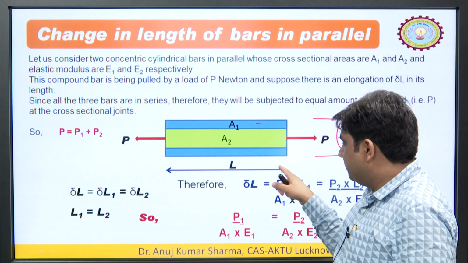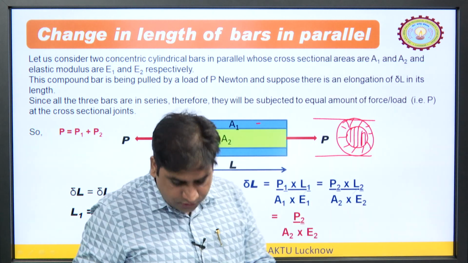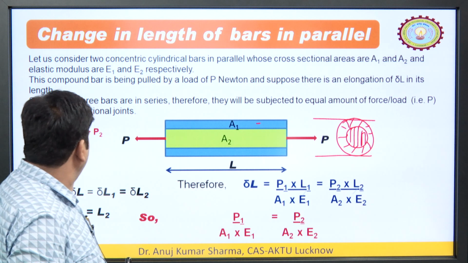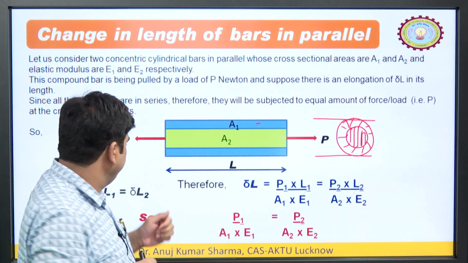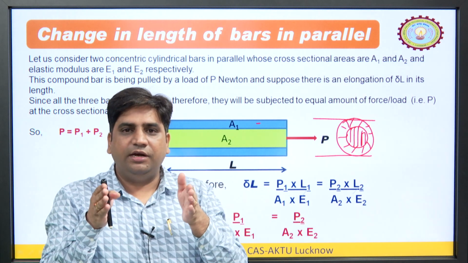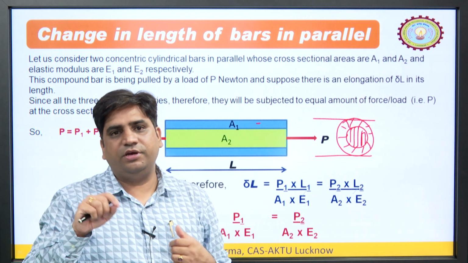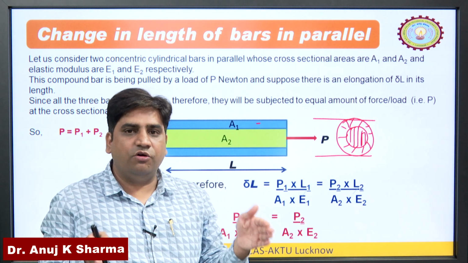The original length was L. Now we want to calculate the elongation in this rod. The load is shared, so P is equal to P1 plus P2. The elongation delta L1 in the first rod would be equal to the elongation in the second rod, because these two rods are parallel and they will have equal elongation.